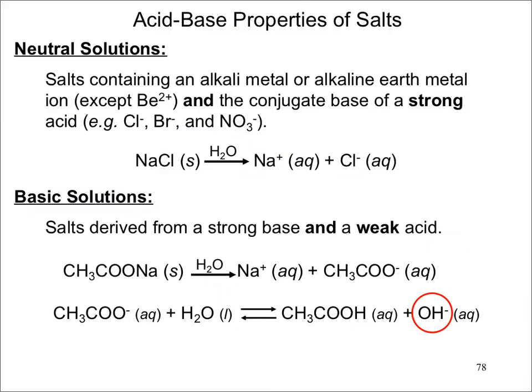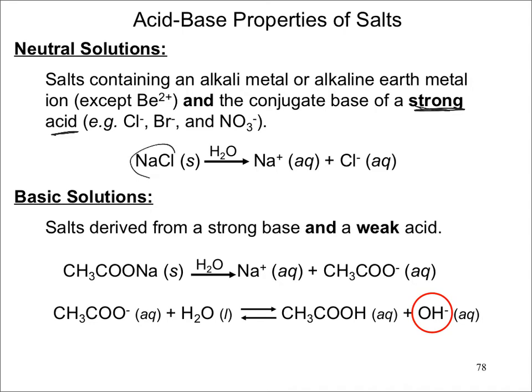Now, it turns out that salts can have acid and base properties as well. So you can have neutral solutions from salts, or acidic solutions from salts, or basic solutions from salts. To get a neutral salt solution, this is going to be an alkali or an alkaline earth metal, except for beryllium, and the conjugate base of a strong acid.